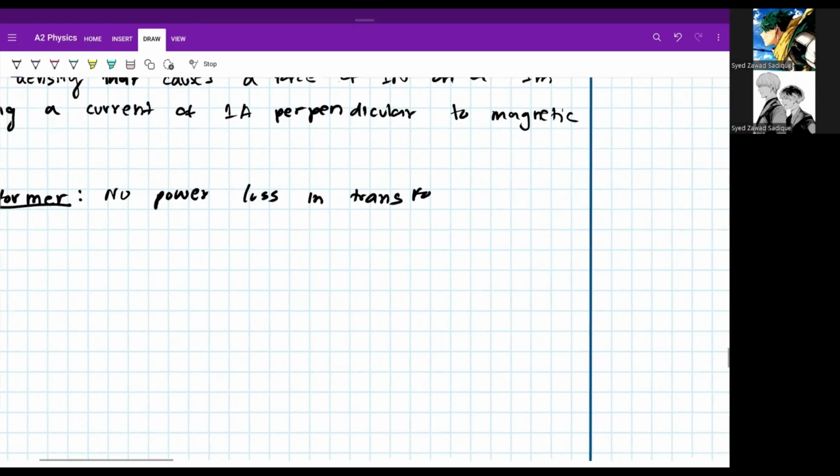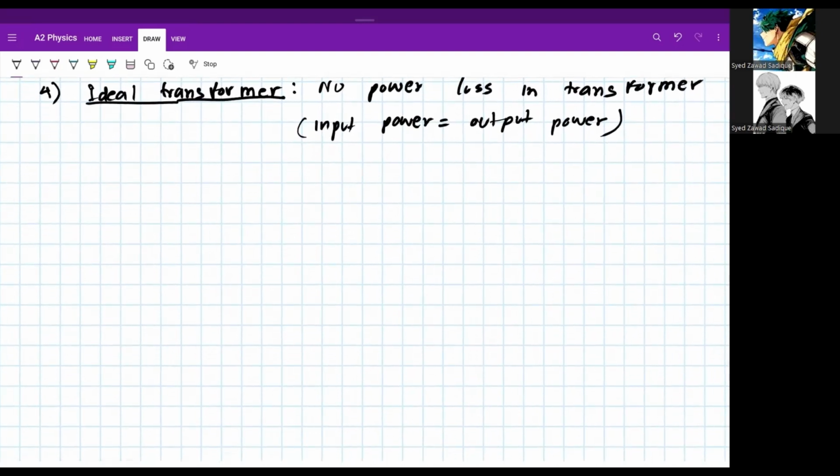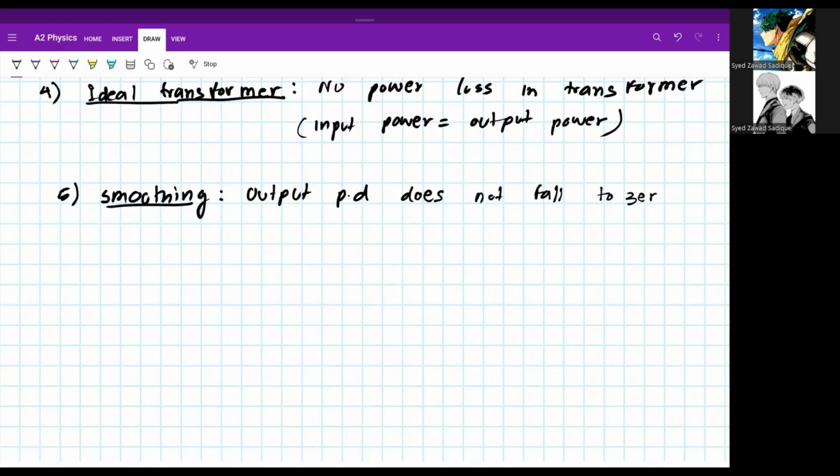So input power is equal to output power. Next, number five is smoothing. Smoothing is output potential difference does not fall to zero.